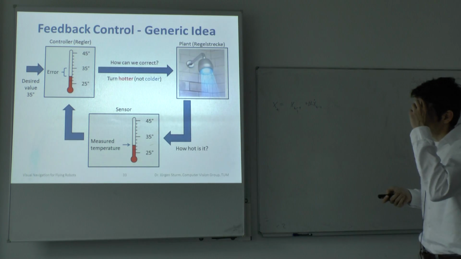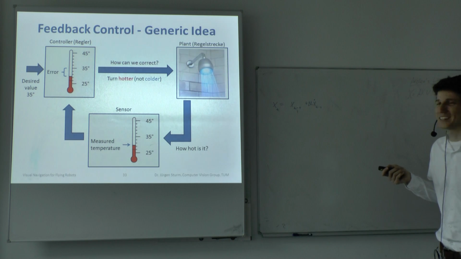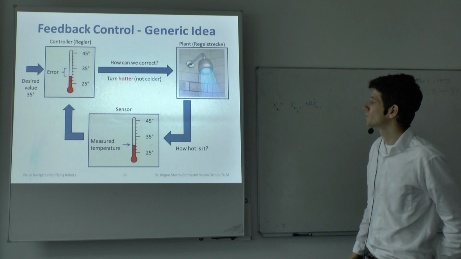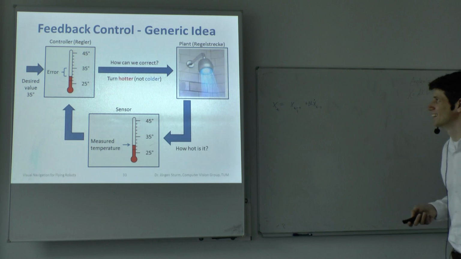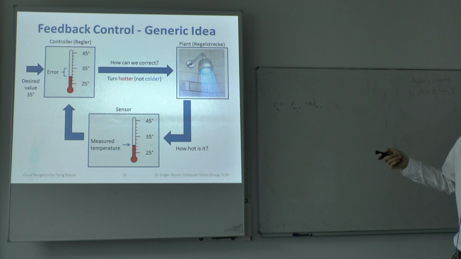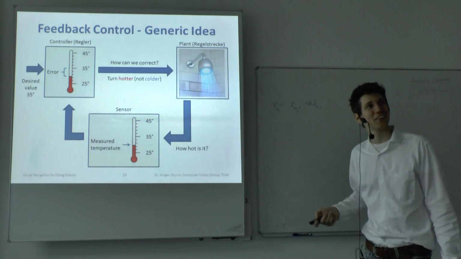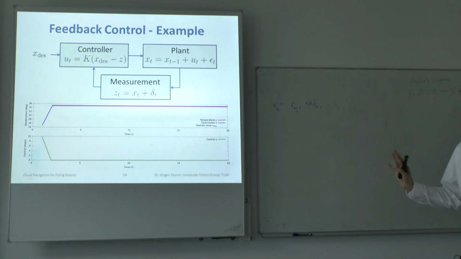In the simplest form, you just look at the difference between the two, and then you have to correct the temperature by changing the, what's it called? The tap. Yeah, thanks. And then the water temperature will change after a few seconds, and then you measure again, and so on. And this is how you adjust it. So this is the general idea of feedback control.